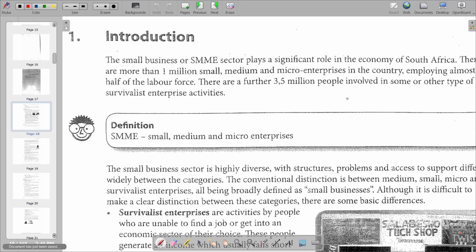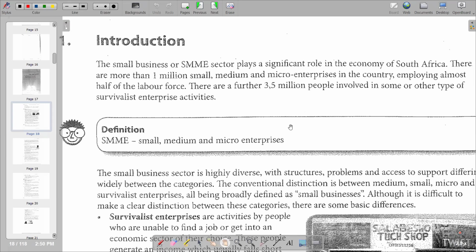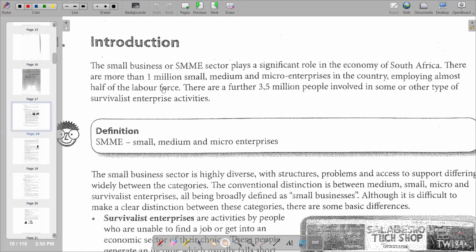So basically, that describes the number of people that are involved in small businesses, which constitute a larger proportion of the population in South Africa. If you look at the statistics given in the introduction, it reads there are more than 1 million small, medium, and micro enterprises in the country, employing almost half of the labor force.